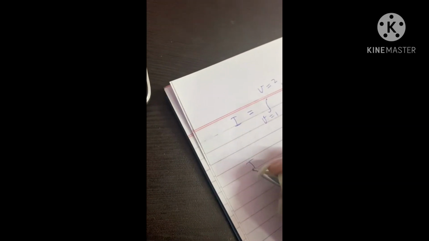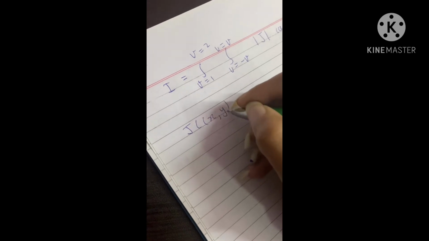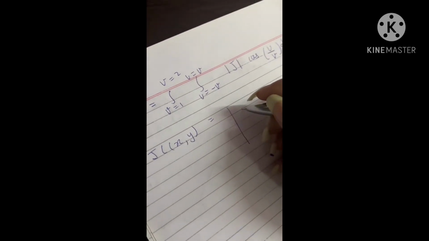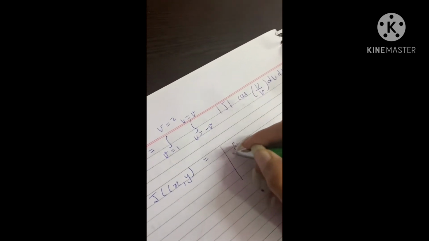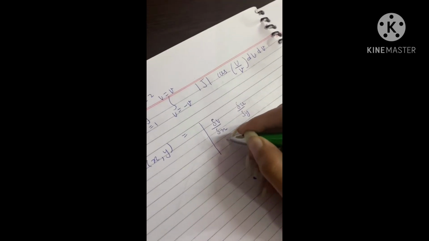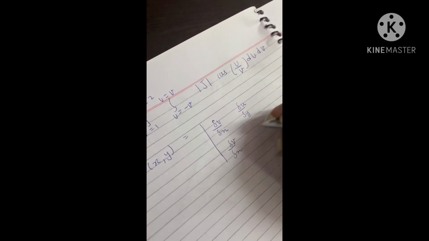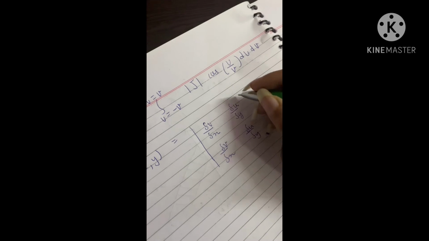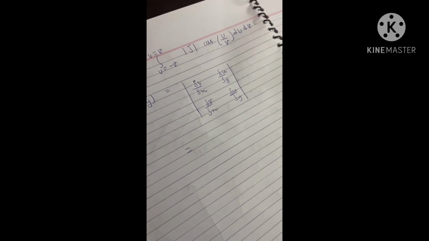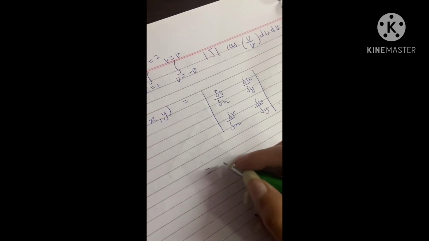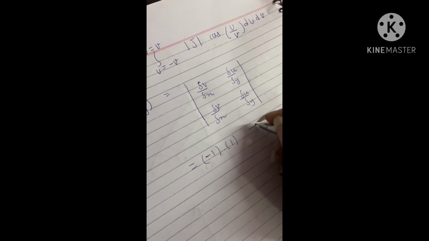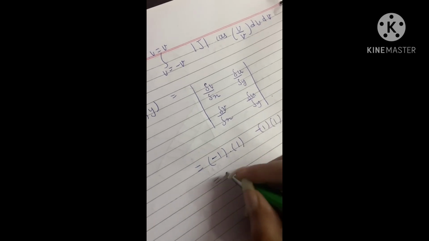Now the Jacobian factor of x and y with respect to u and v is given by the partial derivatives. By partial differentiating we get minus 1 and minus 1, which equals minus 2.